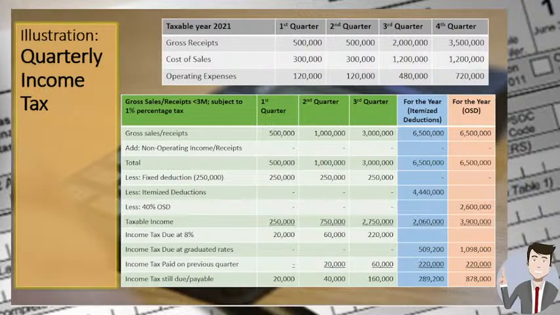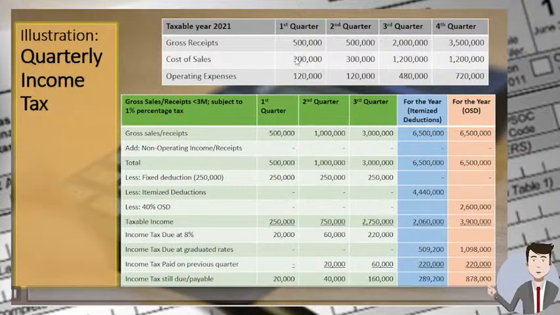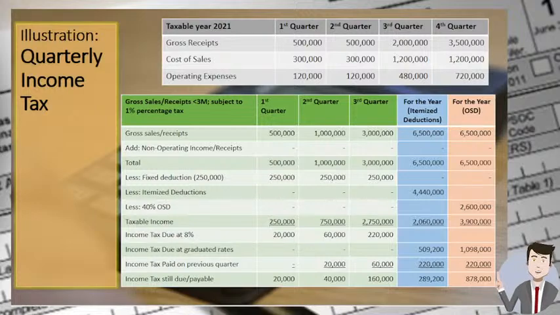So what if, just like in the computation presented, the taxpayer used 8% on the first quarter since obviously the VAT threshold was not yet reached, right? So the taxpayer has the option to use the 8% income tax rate or the graduated income tax.